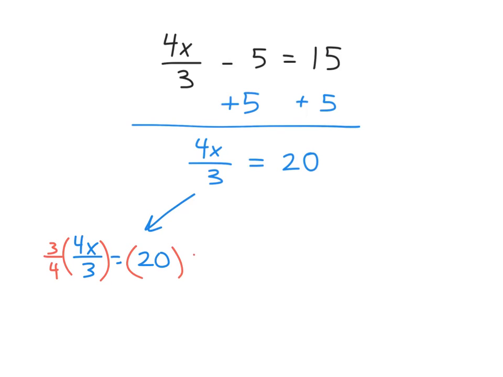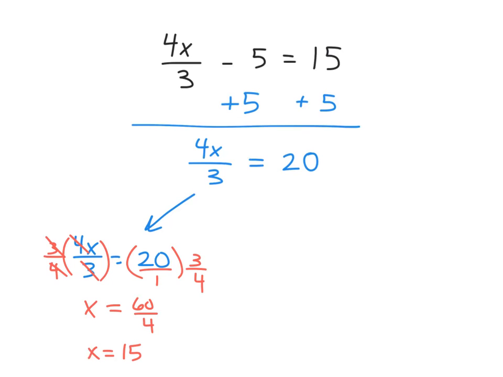When you do that, these would cancel, right? We get x, and over here, we would get 60 over 4, and 60 divided by 4 is 15. So that would be one option to solve this equation.